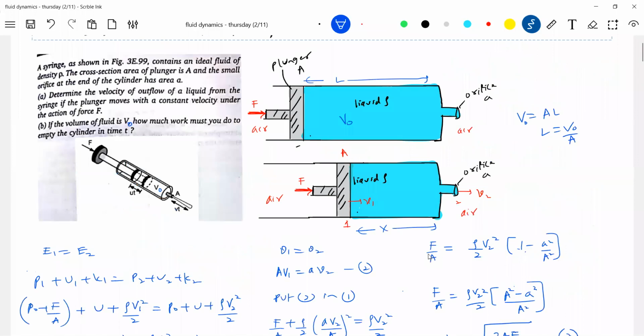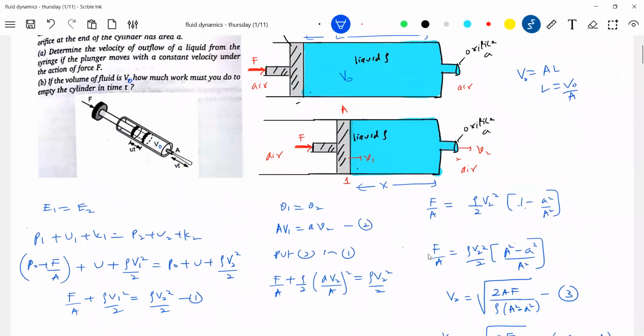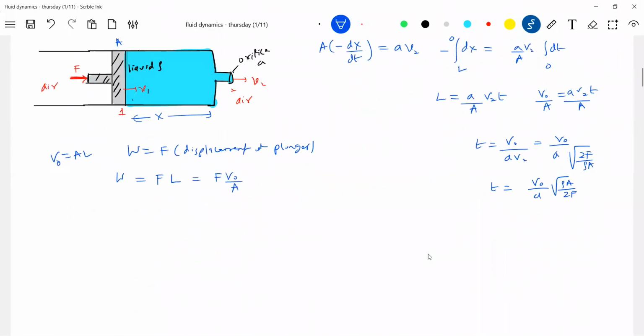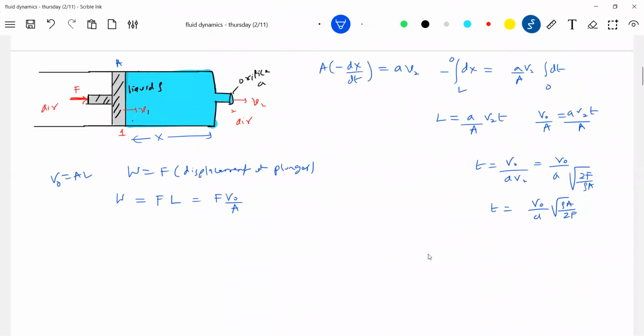How much work must you do to empty the cylinder in time t? If you want, you can replace the volume of liquid in this. If you want, you can replace F from this equation and substitute there, you'll get the time T also. Books give an answer in terms of that.